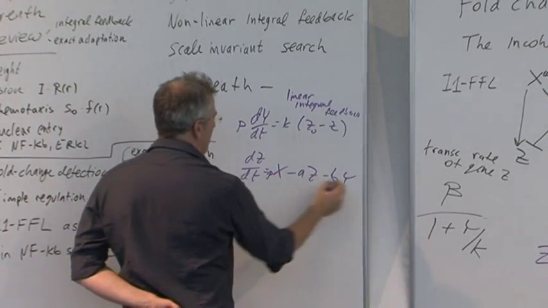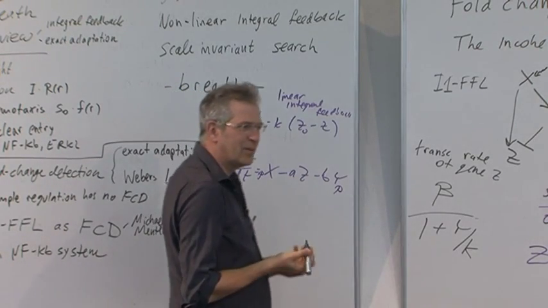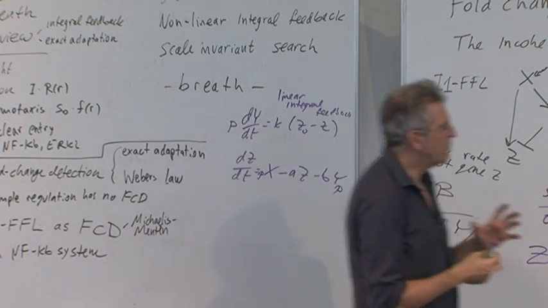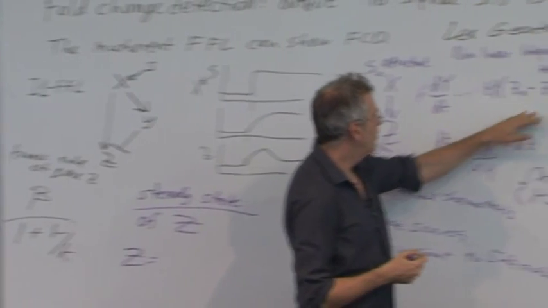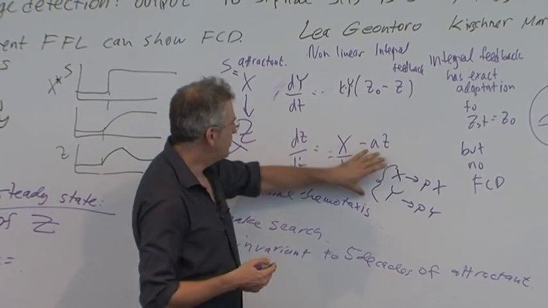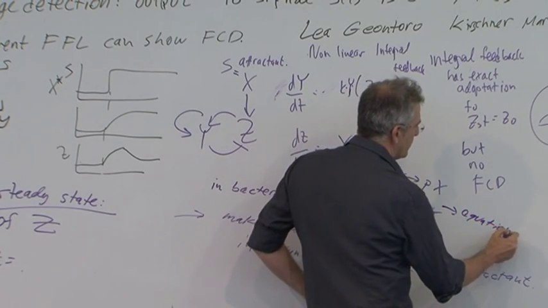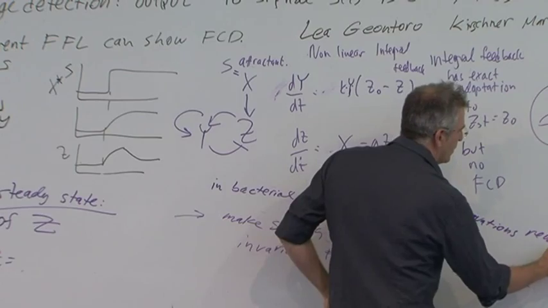And I have to put a p here, and a p here, and it doesn't cancel out. So that's the heart of the theorem. You look for equations that have this homogeneity condition, as it's called, where if you do this transformation, the equations remain invariant.